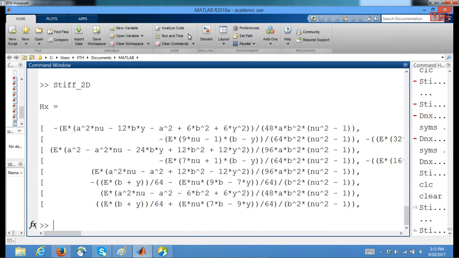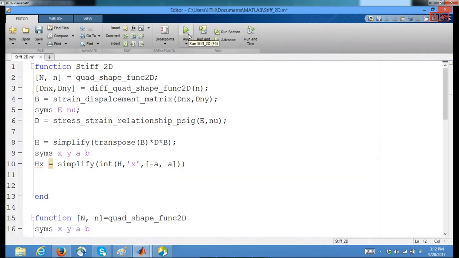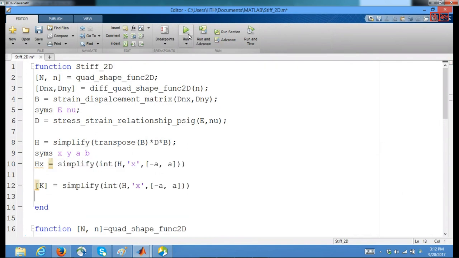Then our K matrix is again the same thing. Now we'll integrate with respect to y, from minus b to b.